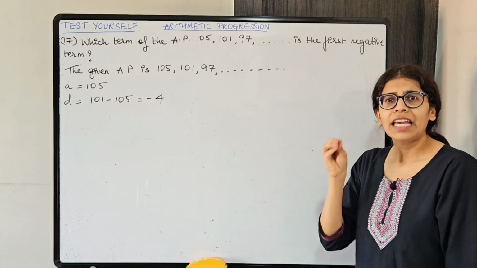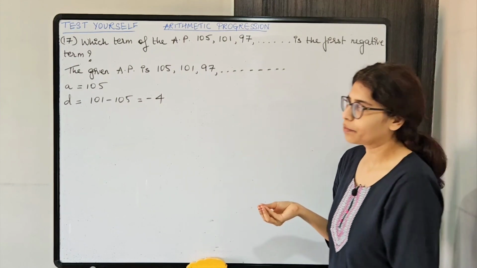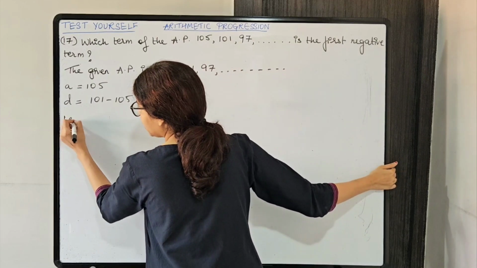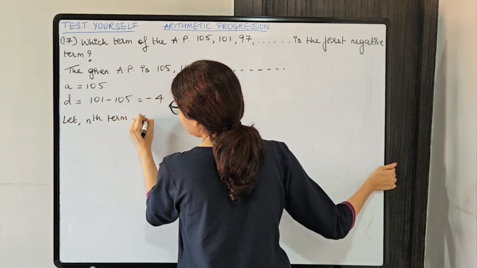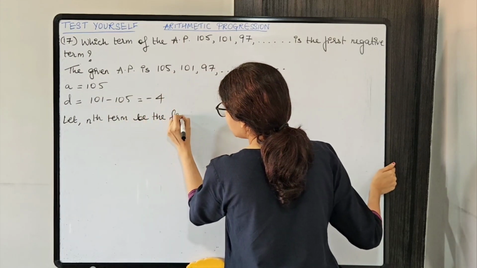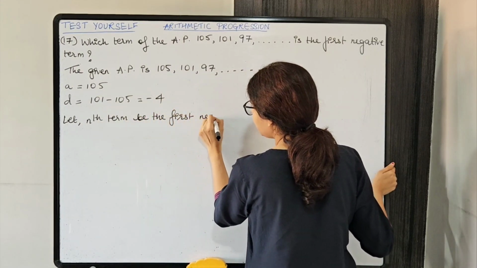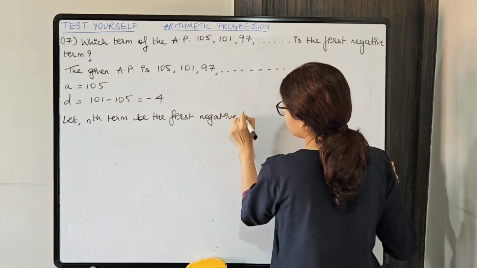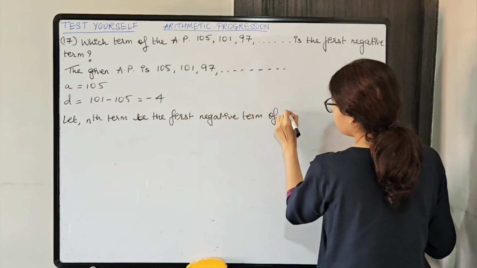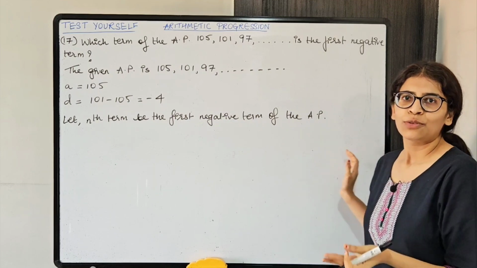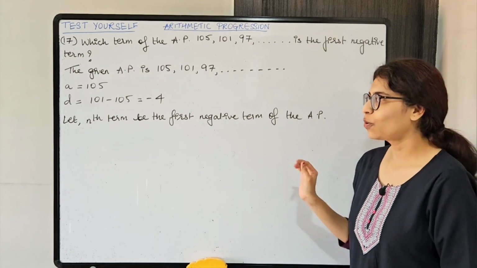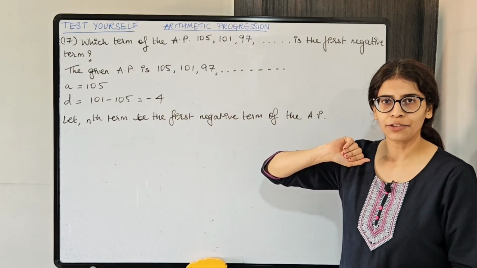Let's say that nth term is the first negative term. Let nth term be the first negative term of the AP. Nth term is denoted as Tn. So I can say Tn is the first negative term.